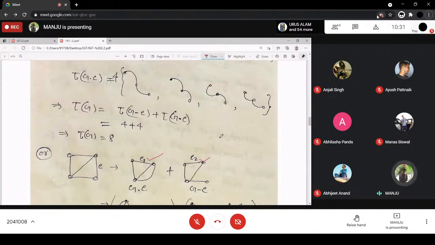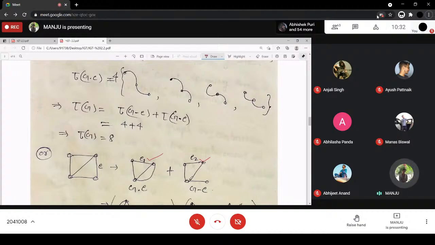Just try to find it, try to draw. Just tell me. G dot E and G minus E.